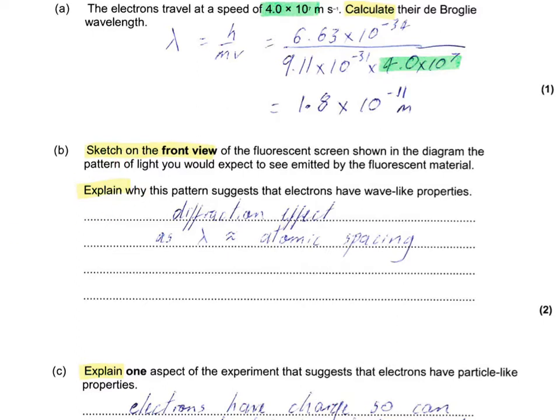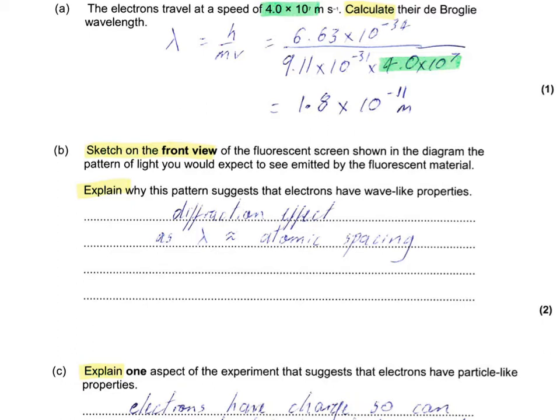Explain why the pattern, because it appears to be a diffraction effect. So diffraction is a wave-like property. Remember when we saw diffraction before, it was from a single slit and we got a bright central band and then it went dark and then bright bands and dark bands.